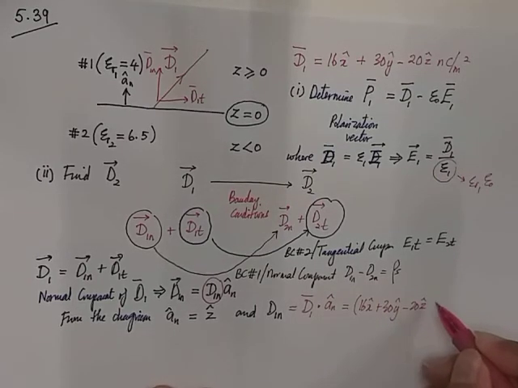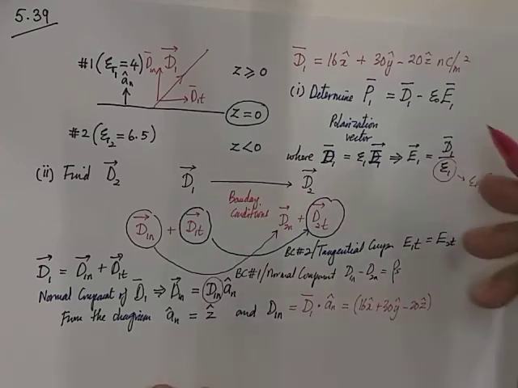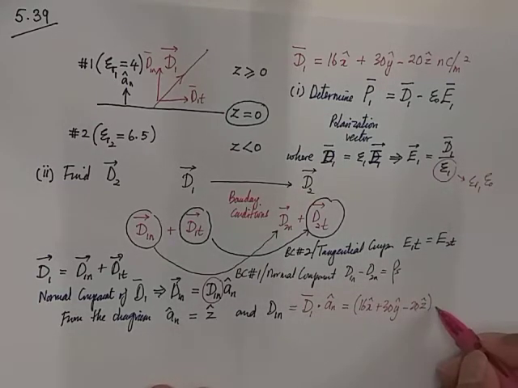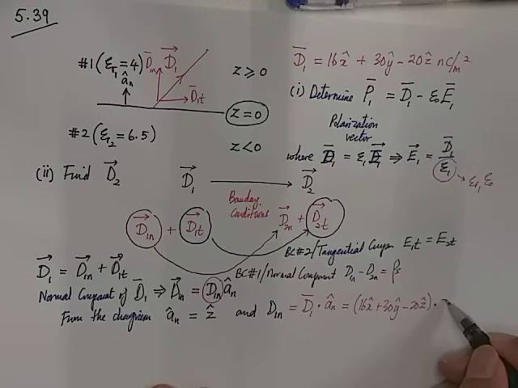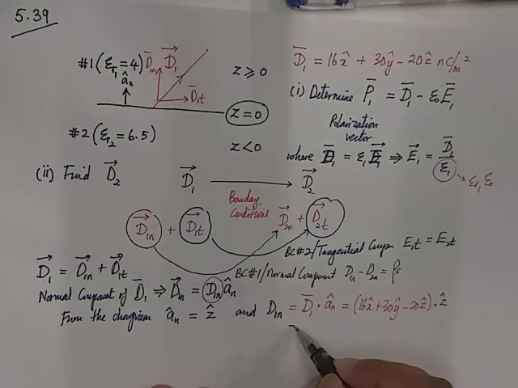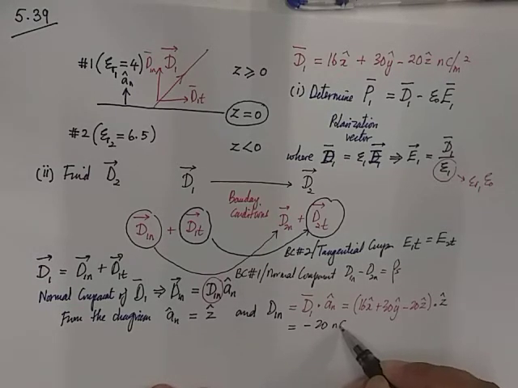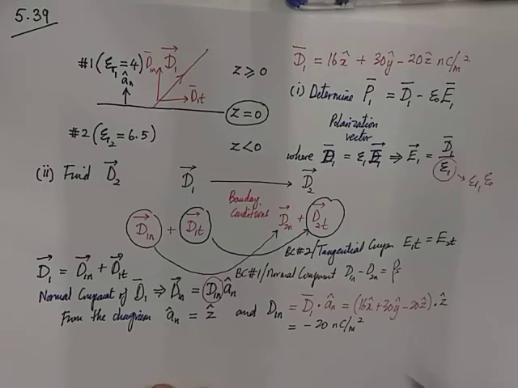I'm ignoring the nano here, because I know that everything is nano coulomb per meter squared. And then I'm going to dot with my unit vector AN, which is z. If I dot it, what should be my final solution for the magnitude? It's going to be negative 20, actually nano coulomb per meter squared. That should be my magnitude of D1N.